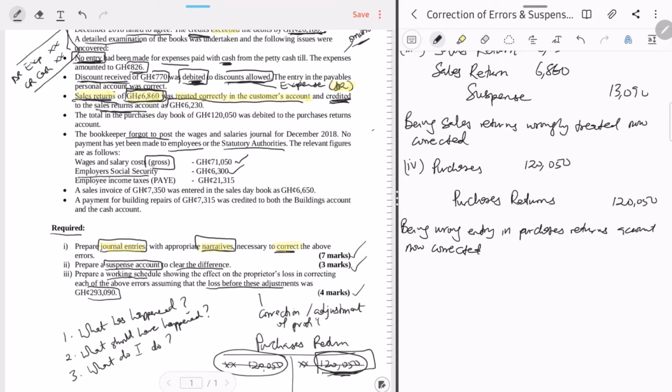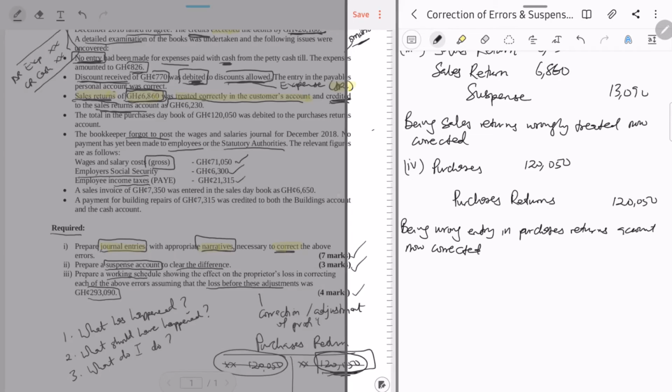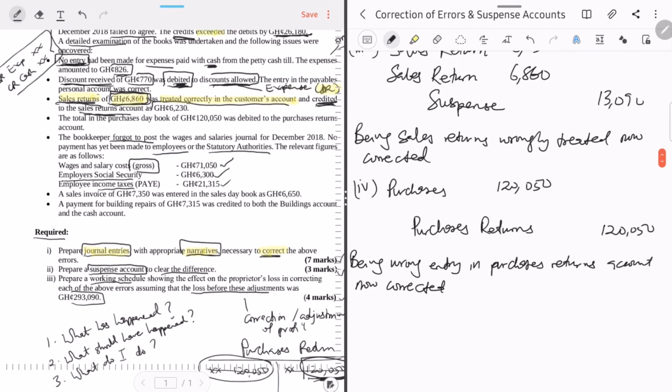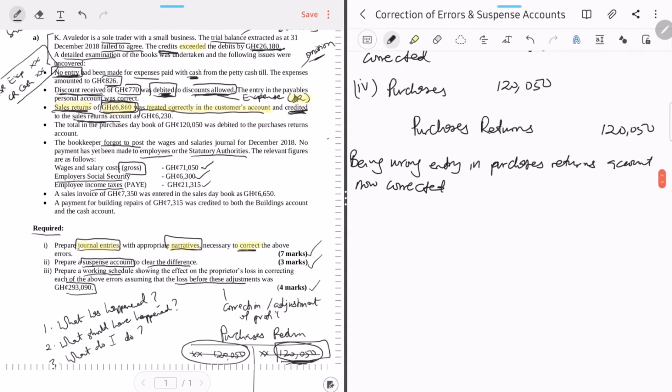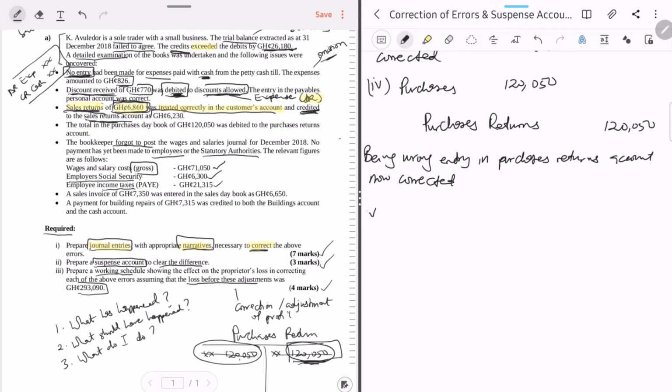The next is employee income taxes, that's pay as you earn. Employee income taxes are deducted from the employee salaries before they are paid. That's 21,315. So these entries are to be made. They have not been made. It is our job to record these transactions. There are a number of ways you could look at this. Like I said, this one might be slightly complicated, but don't worry, I will break it down for you. So here, see it this way.